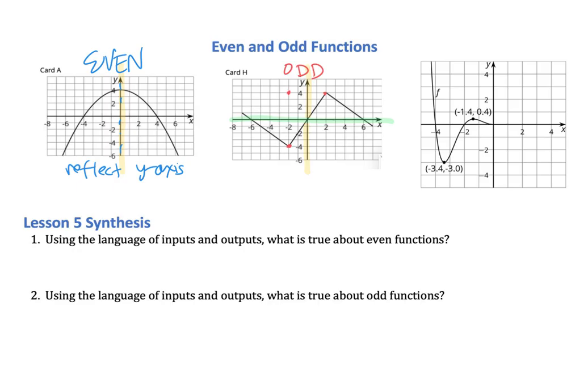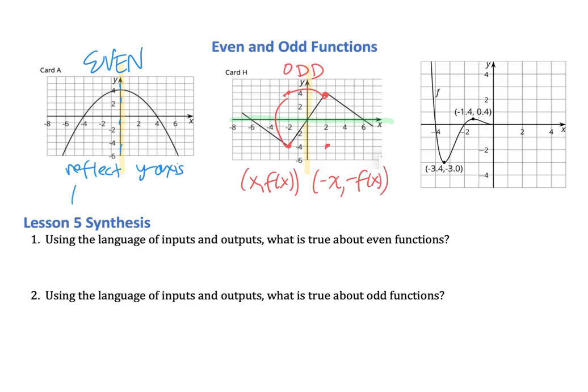Or you could reverse it, but regardless, that's what happens. So when we started with our ordered pair of x, f of x, when we put in the opposite of x, we get the opposite of y.